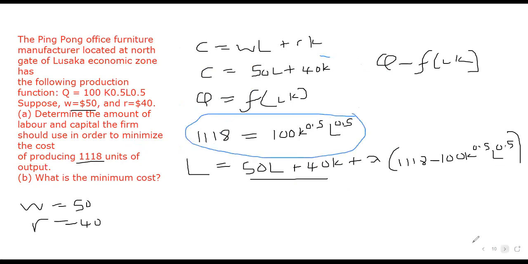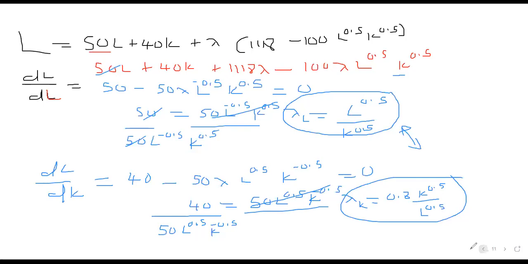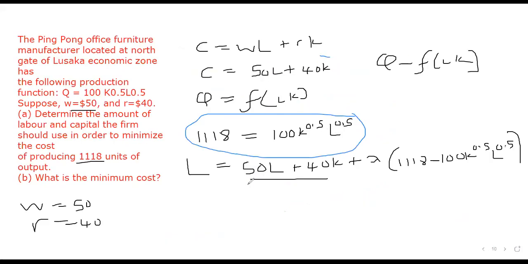Since we have found what our L is, 0.8K, where there's L we put 0.8K here. So we have 118 equals 100 K^0.5, then L is what? 0.8K. So here we're going to put 0.8K.